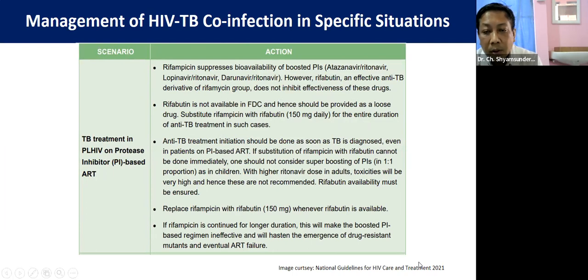So anti-TB treatment initiation should be done as soon as TB is diagnosed, even in patients on PI-based ART. If substitution of rifampicin with rifabutin cannot be done immediately, one should not consider super boosting of PIs 1:1 proportion as in children. With higher ritonavir dose in adults, toxicities will be very high, and hence these are not recommended. Rifabutin availability must be ensured.